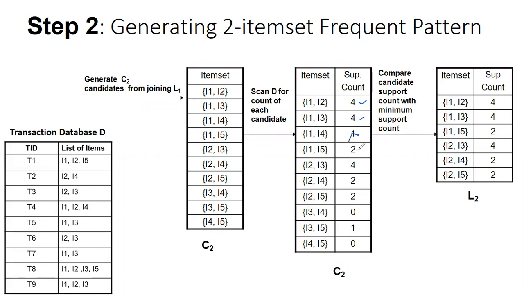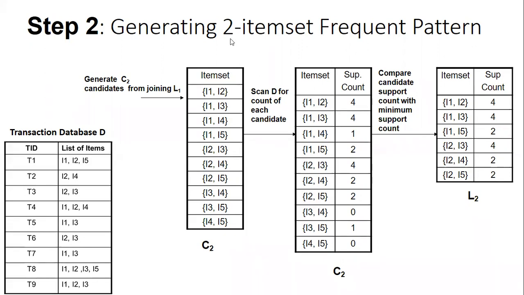This will get selected, this will get selected, this will get selected, and this 3 will not get selected because it has a support count less than the minimum support count, that is 2. So only these items will be selected, which we call L2. These are the frequent two item sets, that means two items in an item set.